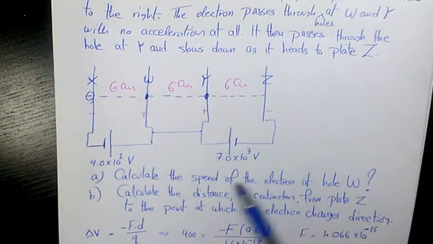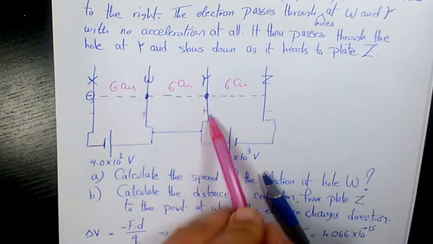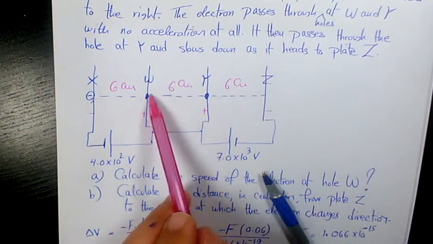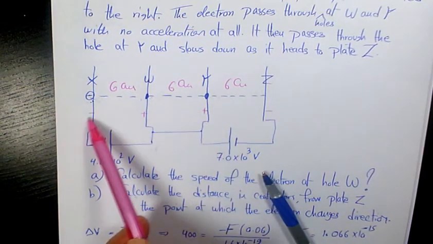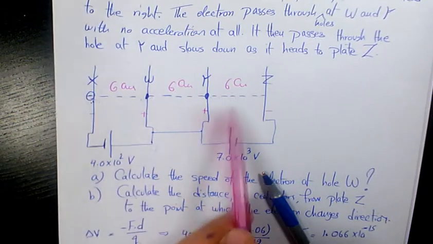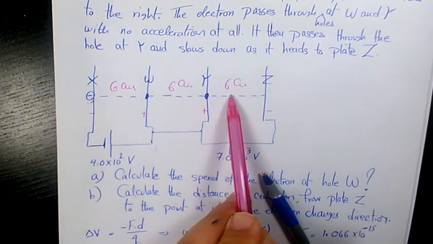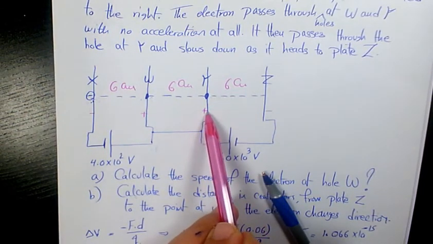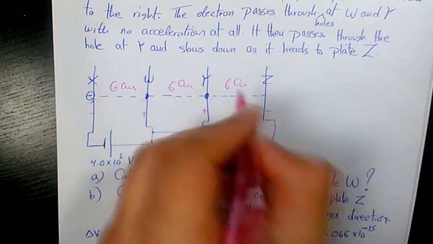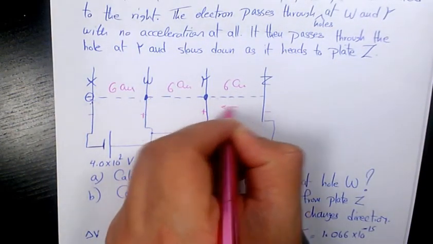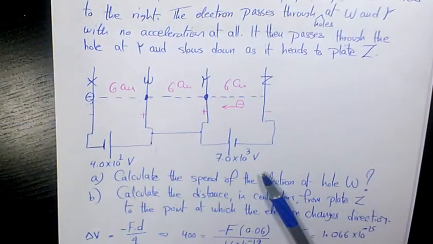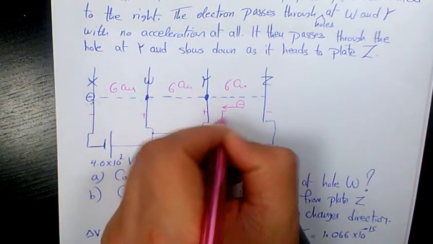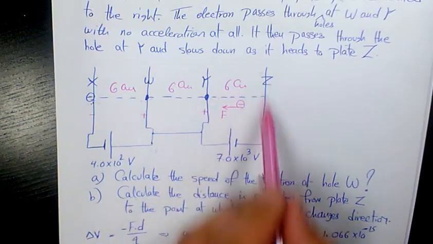Then here, this one is the positive plate and this one is the negative plate. Since it has velocity, it goes this way. Don't forget that we are dealing with a negative charge, so the electric force on the negative charge is toward the left.